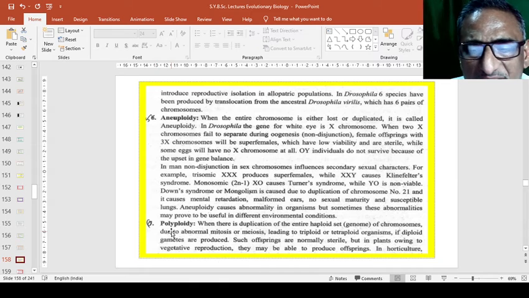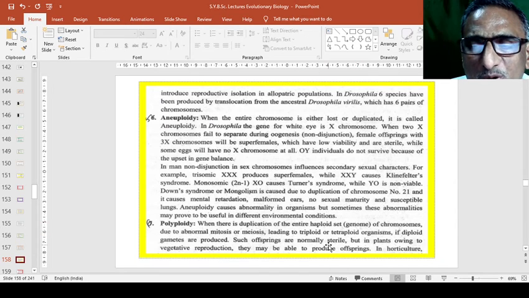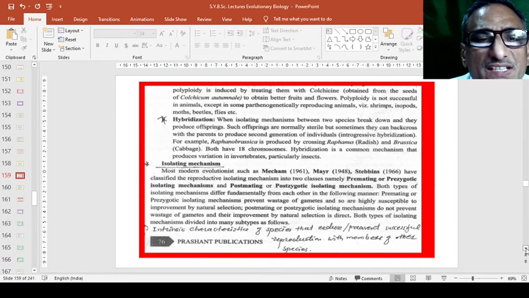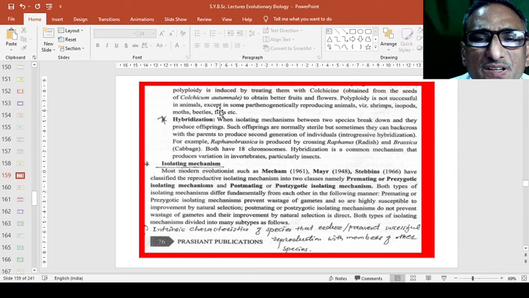Whereas in polyploidy, there is duplication of the entire haploid set of chromosomes due to abnormal mitosis or meiosis, leading to triploid or tetraploid organisms. These changes are obtained with the seeds of Colchicum in polyploidy.